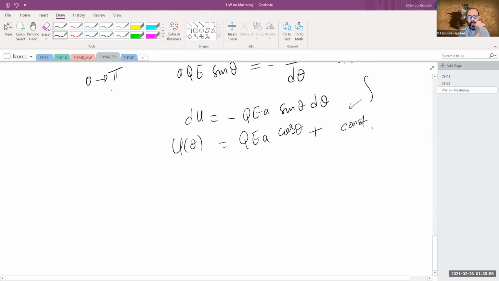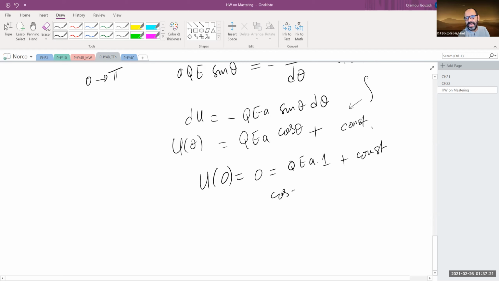Yes? Because from pi to 2 pi, I have 0 on the other side. I have to integrate 0, which is going to be a constant. Right? So in this case, the constant, I knew that U of 0 is equal to 0. That means that QEA cosine of 0 is just 1, plus the constant is equal to 0.